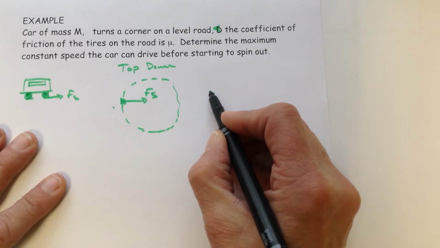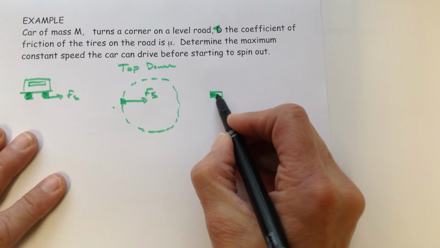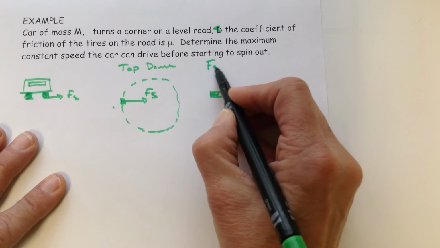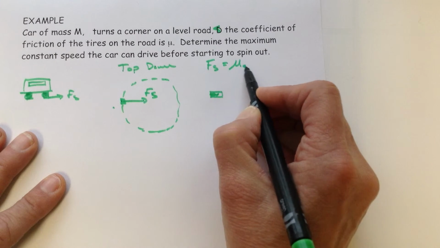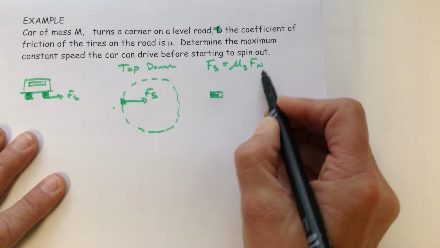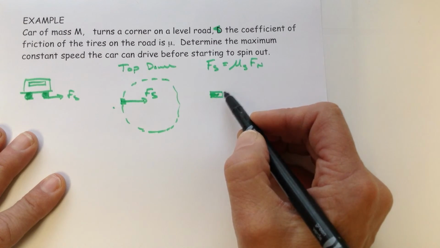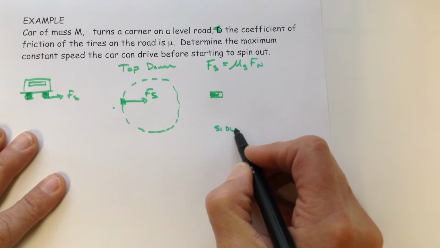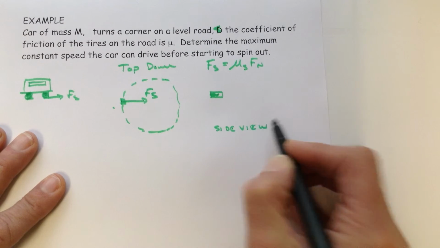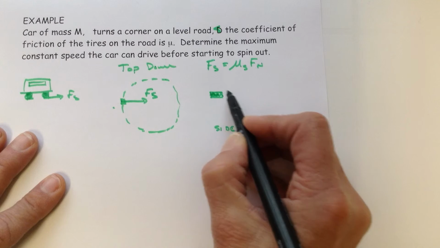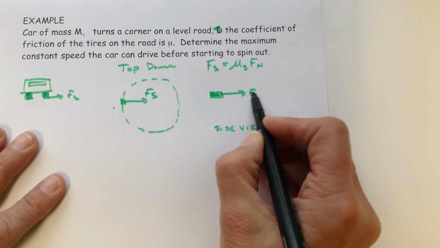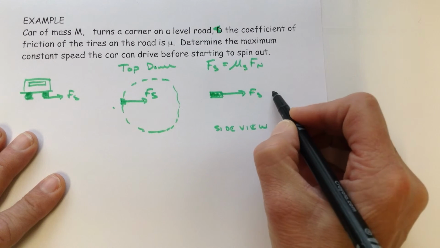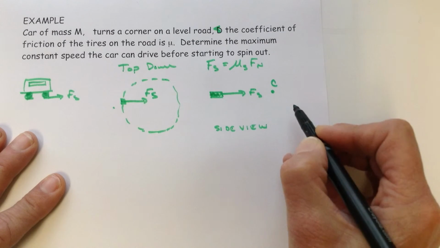But since we're talking about static friction, we know that the maximum value of our static friction is going to be equal to mu s times the normal force, and the normal force is going to be that weight vector. So it might be an advantage to look at a side view of our free body diagram as well. If this is our car, m1, it has a static friction pointing towards the center of the circle.